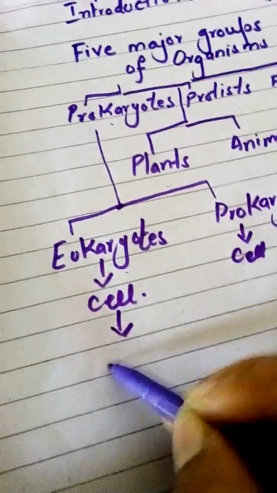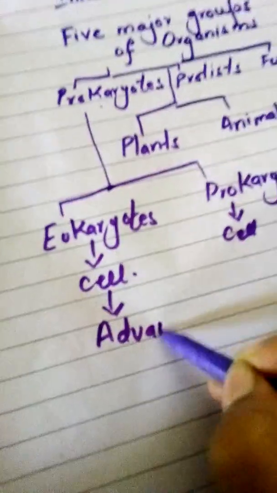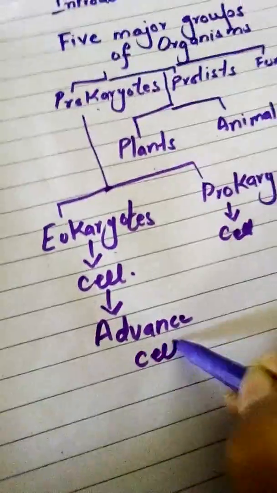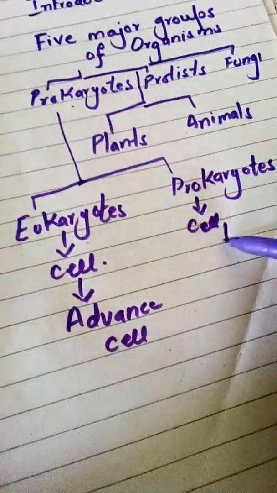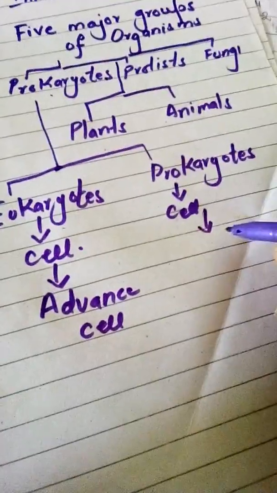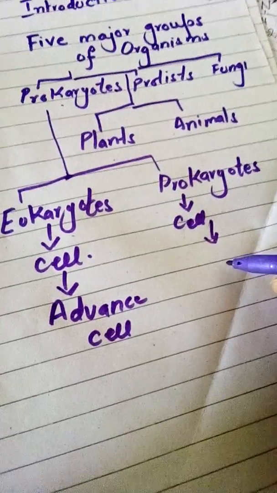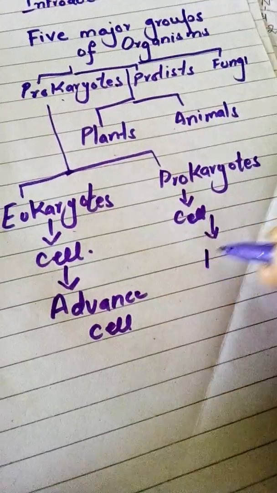This is the advanced cell, and this is the cell without a prominent nucleus.